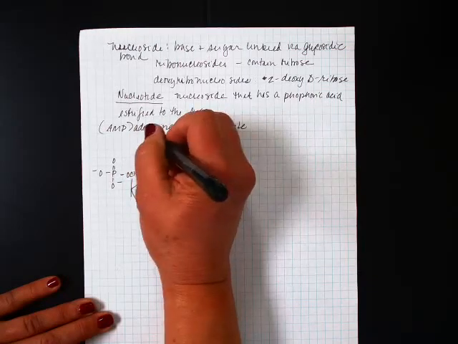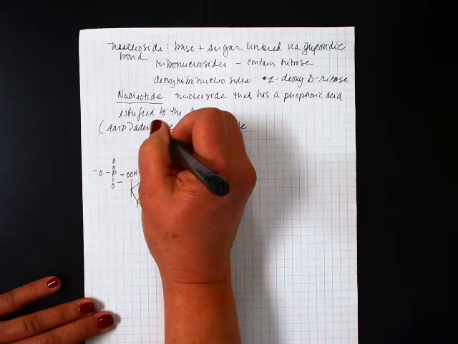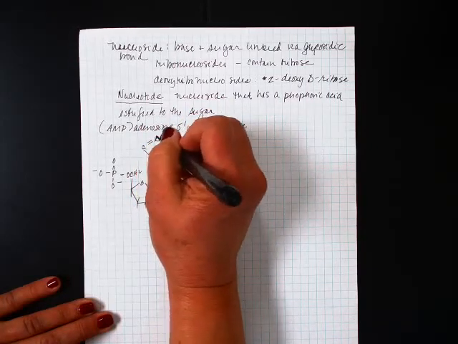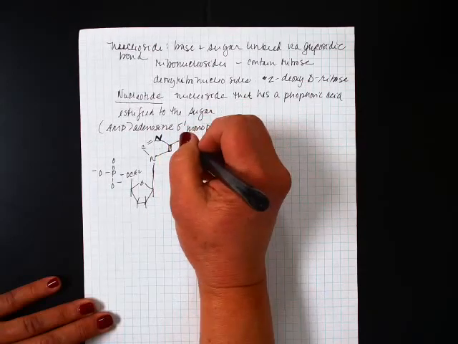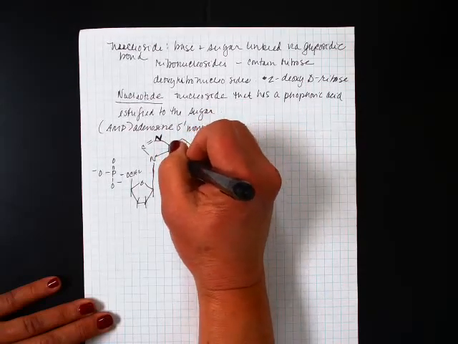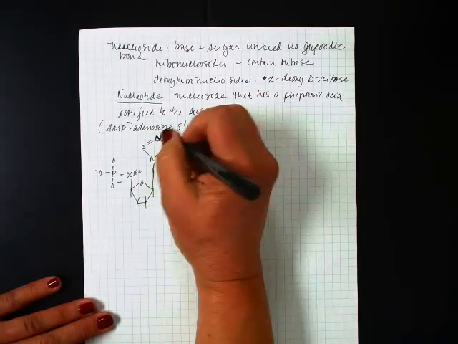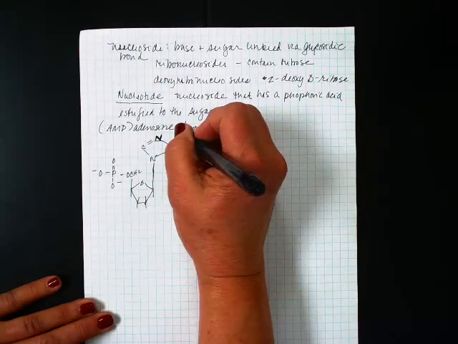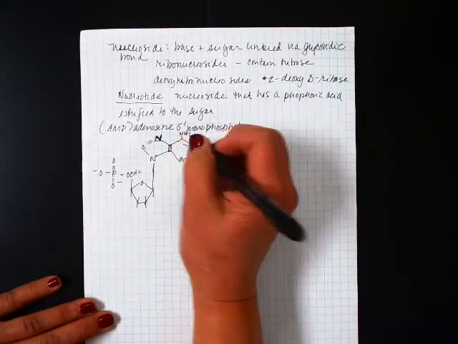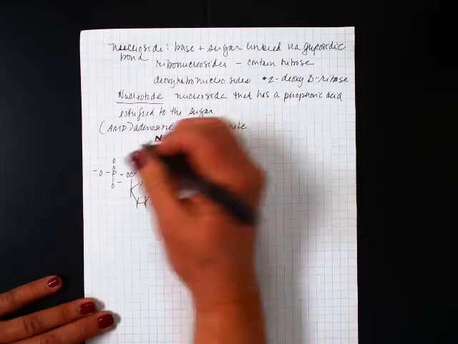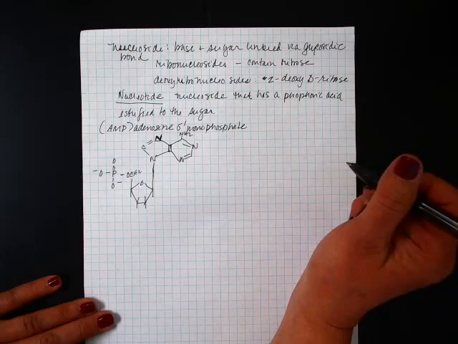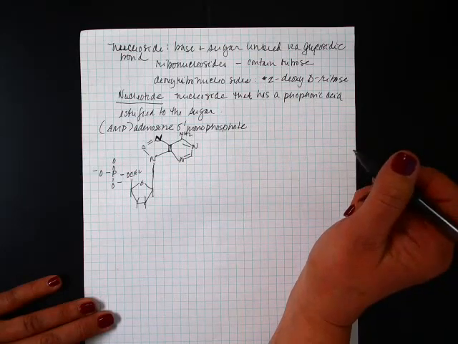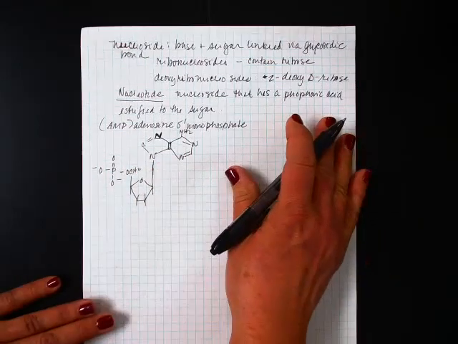Just I caught that one quicker. Double bond here. Got a little long there. And the amino group here, double bond, double bond, double bond. Looks good. Okay. So this is AMP, adenosine 5' monophosphate. And again, that 5' coming from this 5th carbon in that ribofuranose ring.